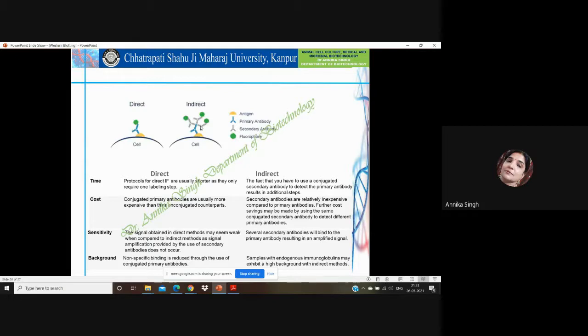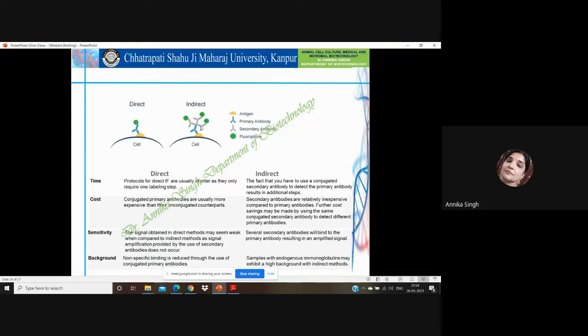So we can say that this indirect assay is less expensive in comparison to the direct one.